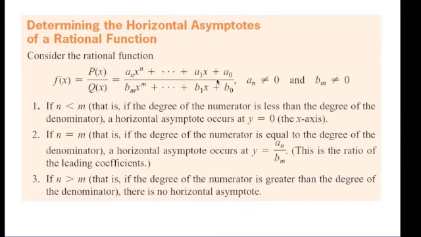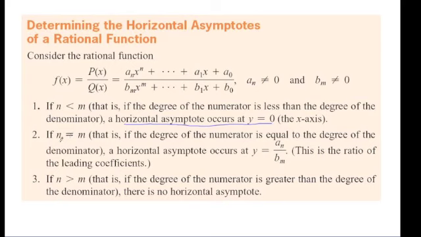So for a horizontal asymptote, we have a polynomial over a polynomial where the first terms do not equal 0. If the degree of the numerator is smaller than the degree of the denominator, then we have a horizontal asymptote at y equals 0, the x-axis.